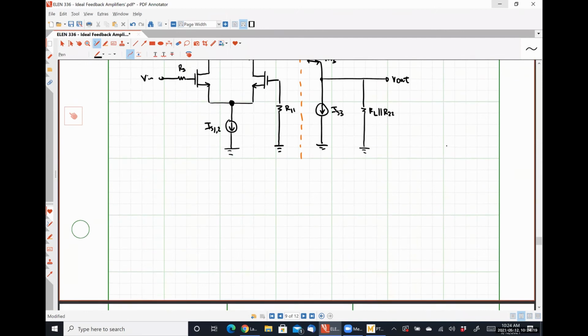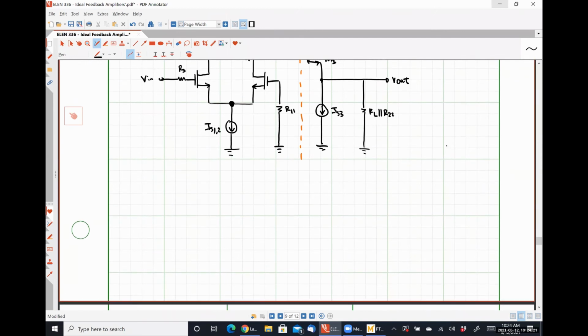Our small signal model for our differential stage is going to look something like this. Sorry. So here is my input voltage. Here is that source resistance RS, or signal resistance RS might be a better way to put it so that we don't confuse it with a source quantity.